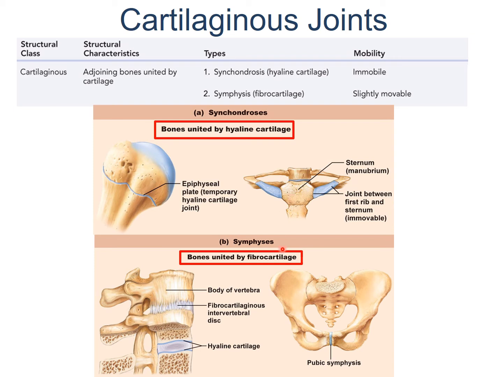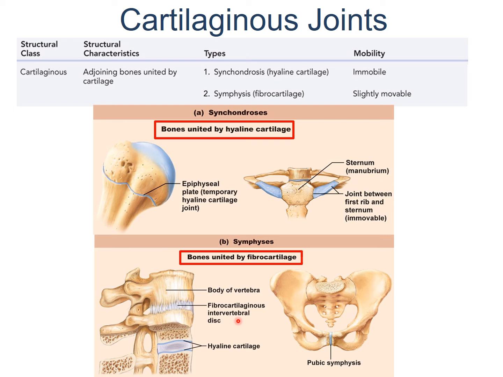Very similar idea when we get down here to a symphysis. Again, note the spelling, es for plural, is for singular. You want to give me the singular form. Couple of examples. This is the one I'm going to use on the exam. So in between the vertebrae of the vertebral column, you've got these intervertebral discs. You saw when we did tissues that intervertebral discs are made up of fibrocartilage.